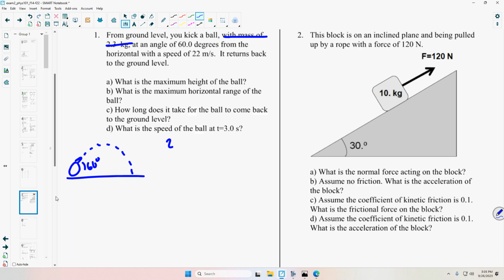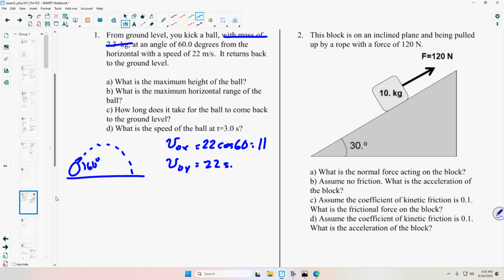I like to go ahead and calculate my V naught X and my V naught Y. I know that I'm going to need both of those. I just get them at the tips of my fingers. So just do that first thing. V naught X is 22 cosine 60. That's equal to 11.